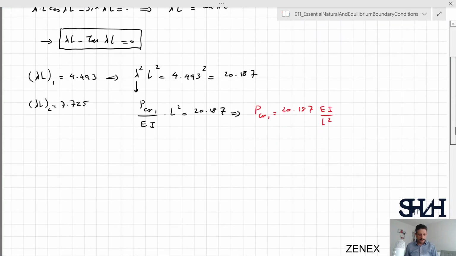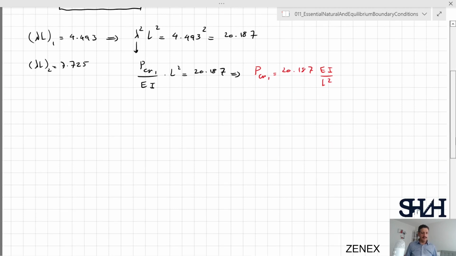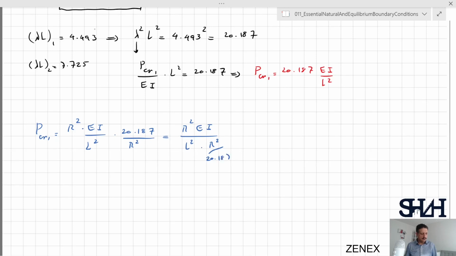If you want to write it in a way to find out what is the buckling length, P critical 1 will be pi squared times EI divided by L squared, times 20.187 divided by pi squared.